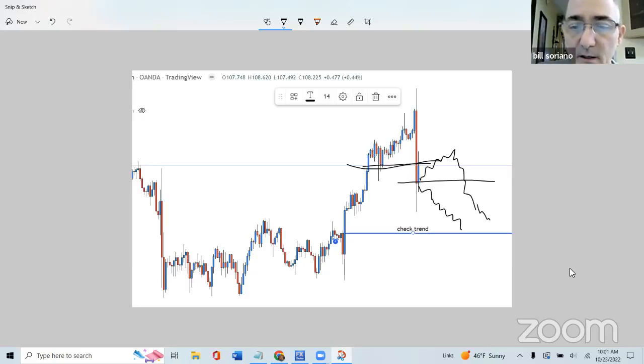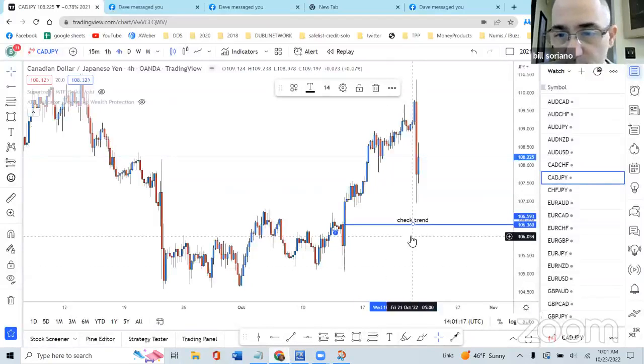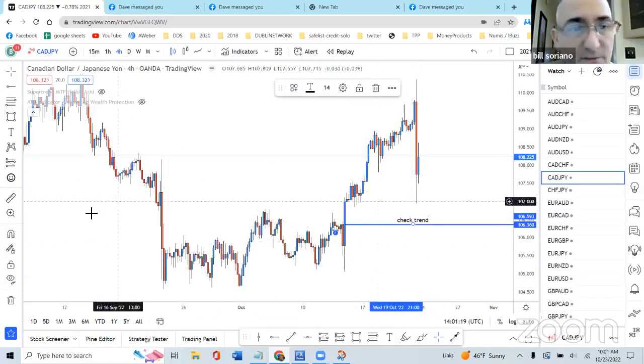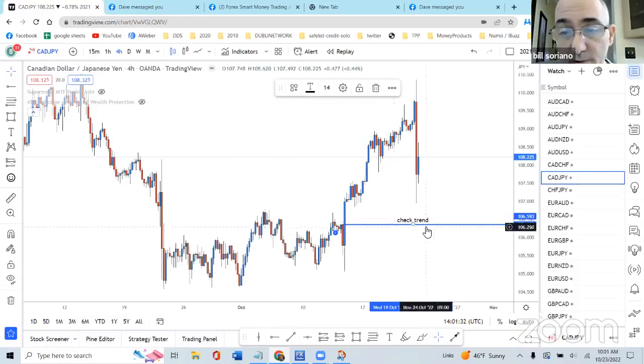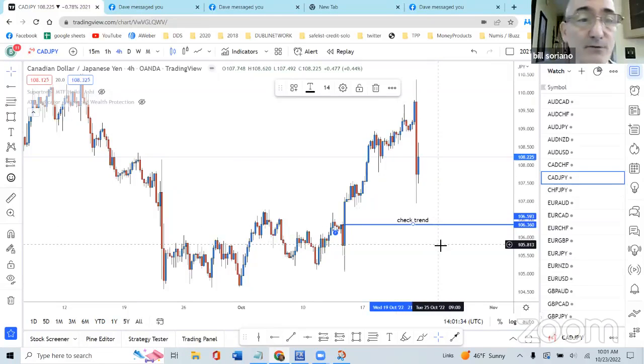So that's why when we set this alarm here, we also say when we come back, we're going to want to check the trend, right? So that's why I have check trend here, because the first thing that I'll do, you'll see when I go live in the group during the week and I go over my alerts for that day, when the alert comes out, first thing I do is go back to TradingView to make sure it is a buy alert, not a break of structure alert.